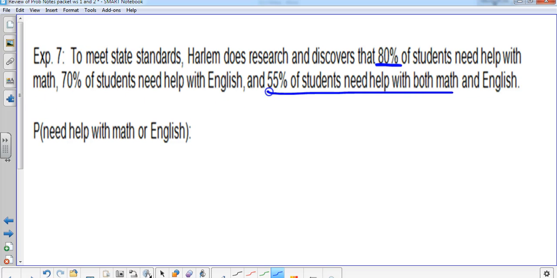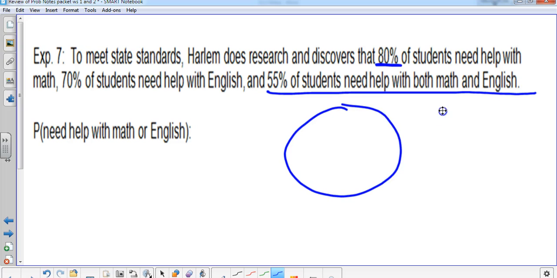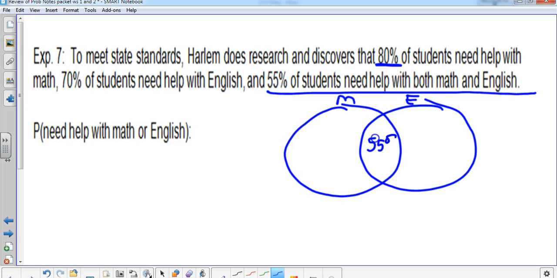Well, can you have 55% that need both and 80% math only? Both math and English is 55%. Okay, 80% need help with math, so that includes the 55% that need both. So 80 minus 55 is, okay? The 70% that need help with English includes the 55 that need both.